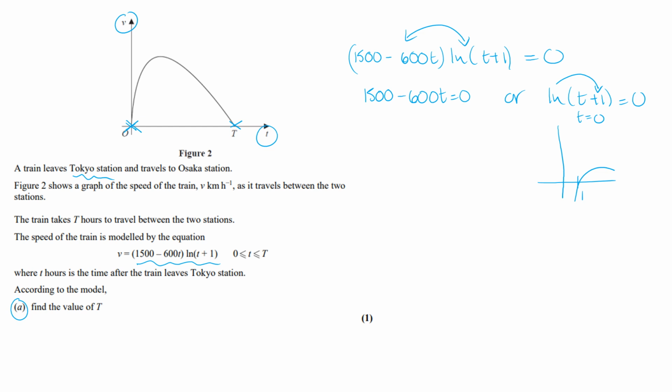So that's going to happen when t is equal to 0. So the other one that we're looking for must be when 1500 is equal to 600t. So 1500 divided by 600 is equal to our t. T is equal to 2.5, and we're working in hours.